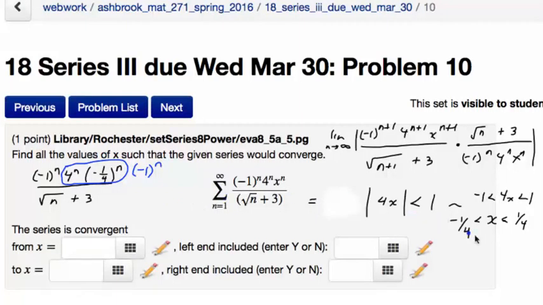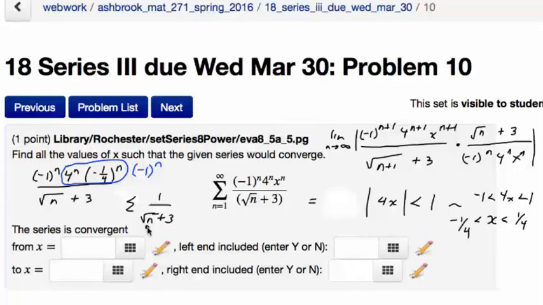So when x is negative 1/4, this whole thing becomes 1 over square root of n plus 3, which is not alternating. Is that a convergent or divergent series?